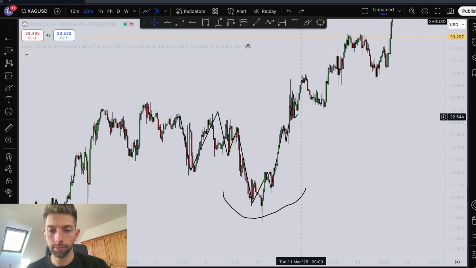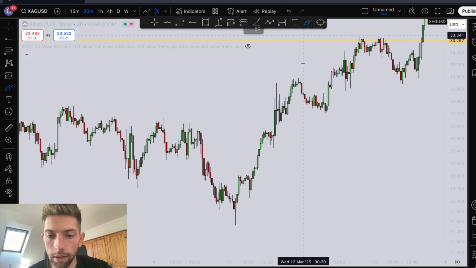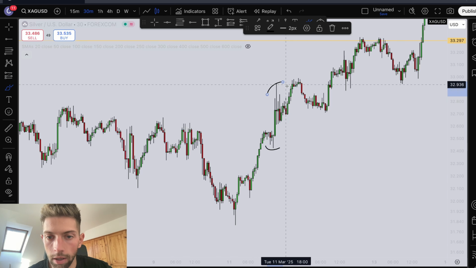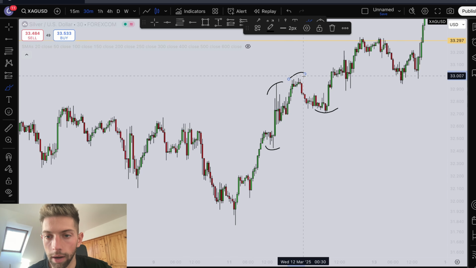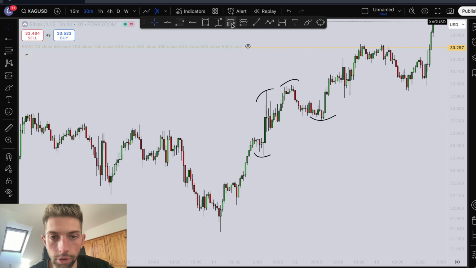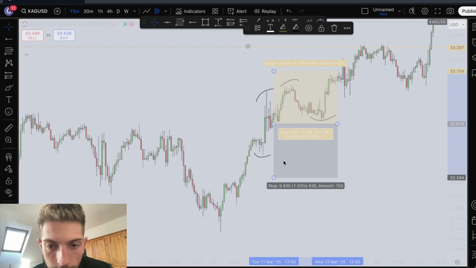So what I did is I identified my structure points: lower high, higher low, higher high, higher low, higher high. Okay, so I entered again. I believe the entry was somewhere right here, again on M15.